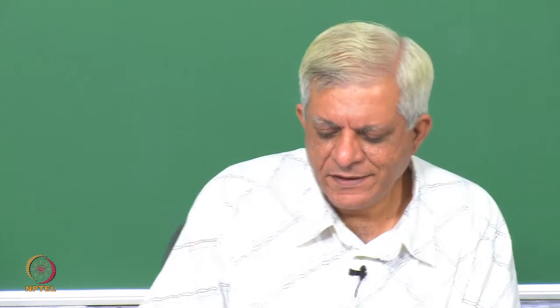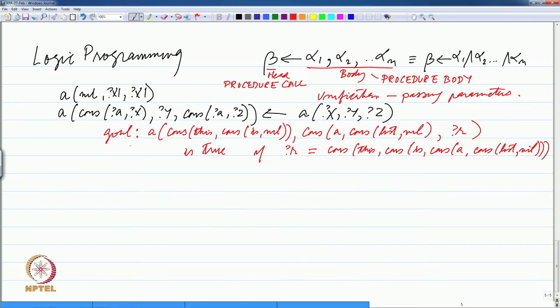backward chaining essentially. What is the process of backward chaining? To show a goal, you match the goal, so actually I should use the term unify, with either a fact or with the head of a rule.